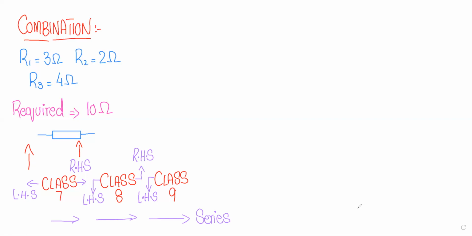So now let's start with the series combination first. If we talk about the series combination, we already talked about that this is the combination end to end. So end to end connections are known as series combination, right?